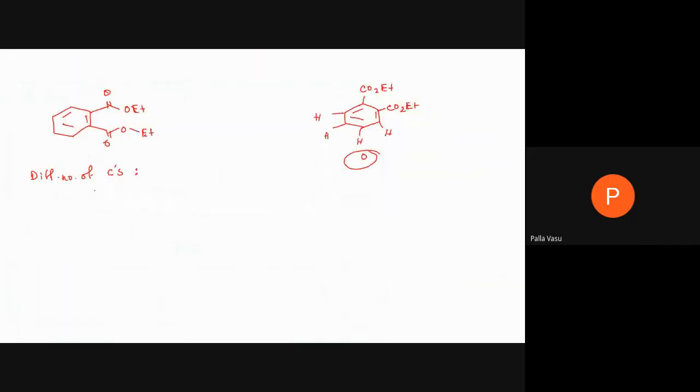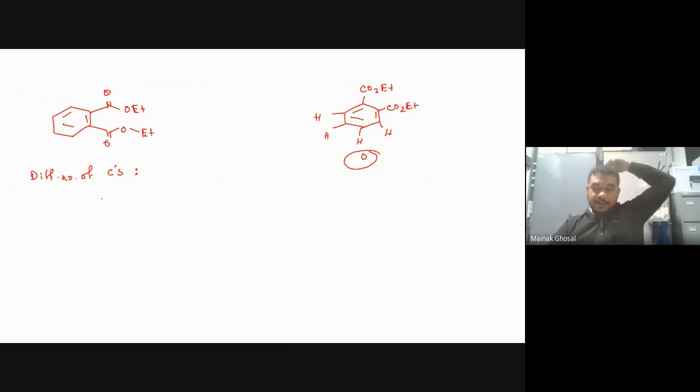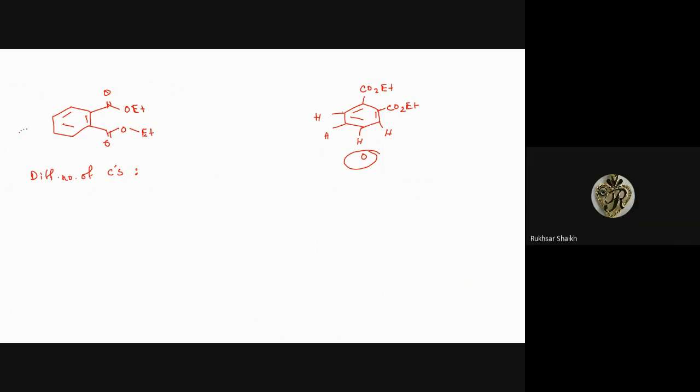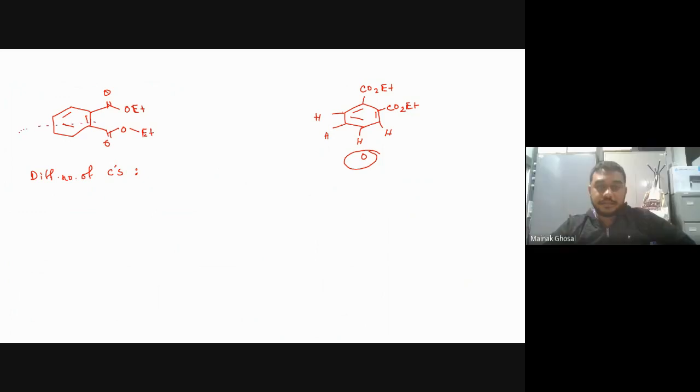So how many different carbons could be possible? Six. There is a symmetry over here. So you just count.